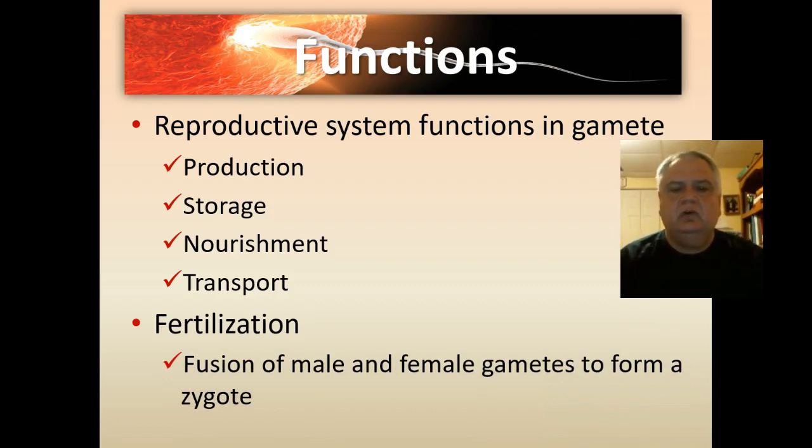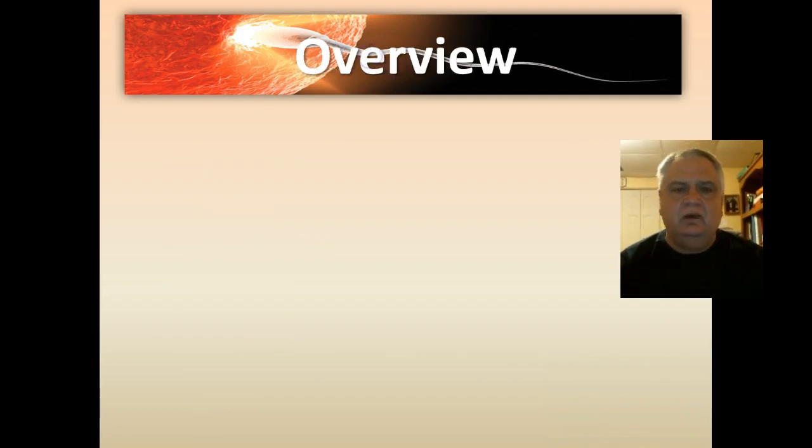Fertilization is the fusion of male and female gametes to form the first cell of a new individual, and that first cell of a new individual is a zygote. So we all started out as a single cell after fertilization or conception as a zygote.